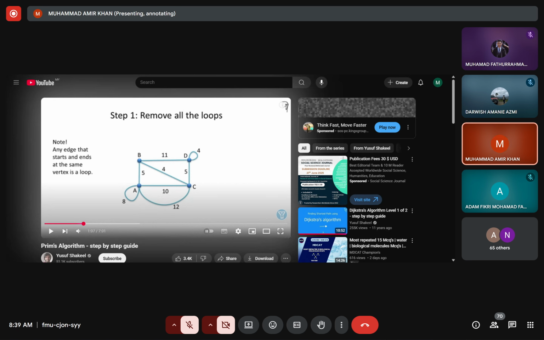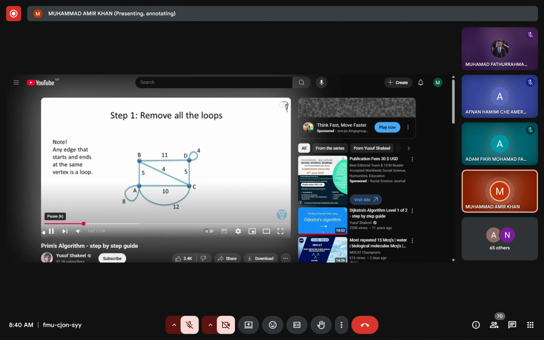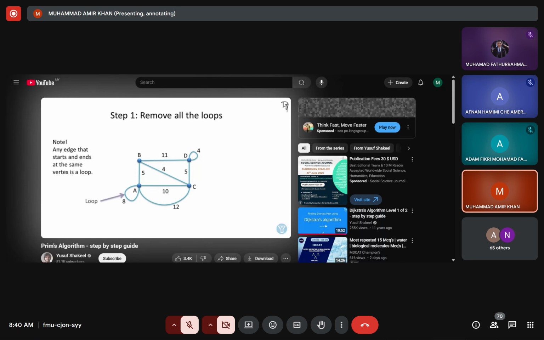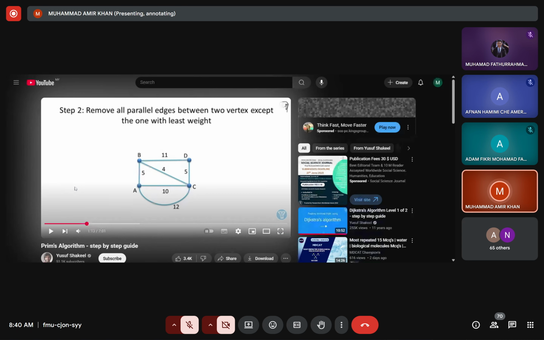How many loops in the graph, based on the definition? 2 loops. Good. We have 2 loops in the graph, so we have to remove them. We already removed the loops.